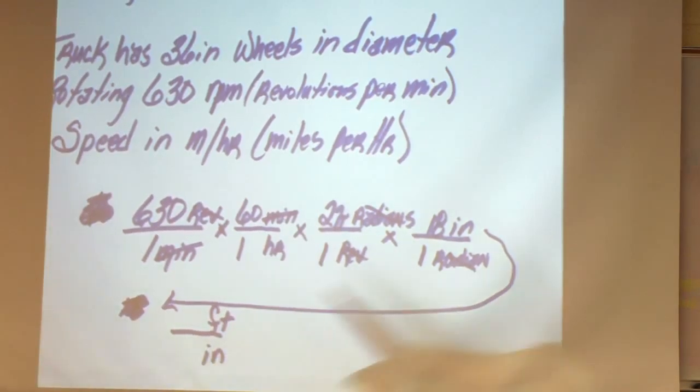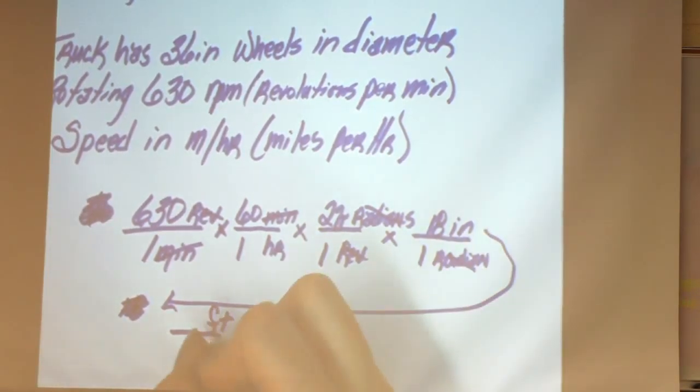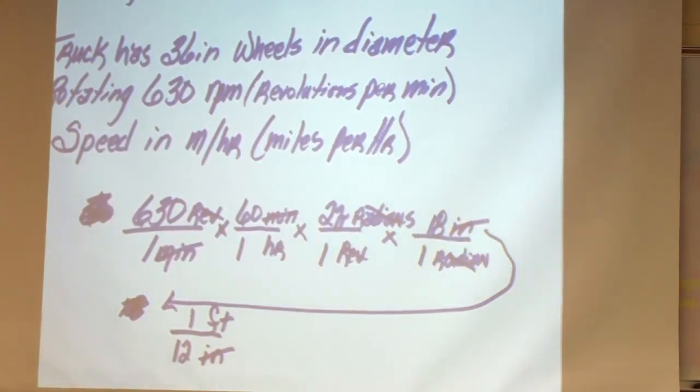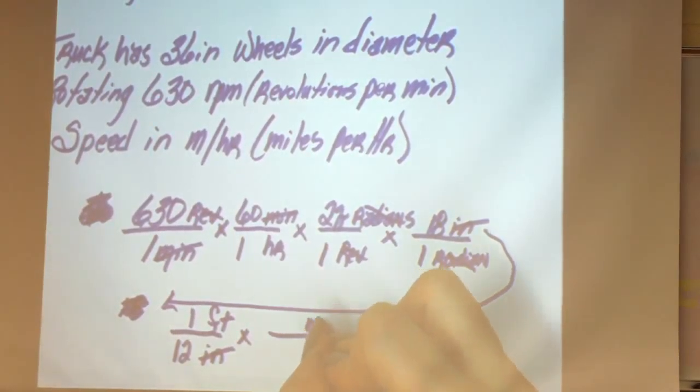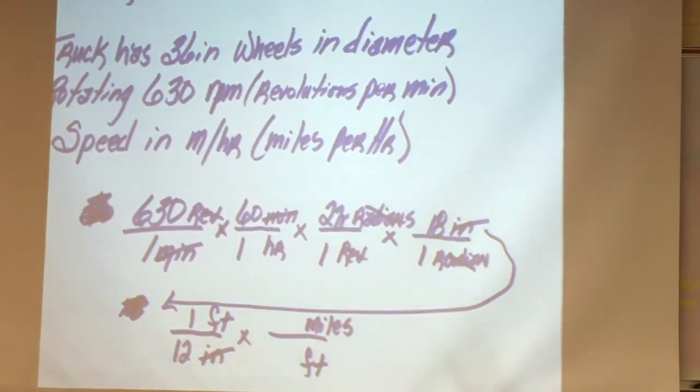So I'm going to put my inches on bottom so I can cross cancel them. I know that there are 12 inches in 1 foot. My inches cancel, and now I'm in feet. And I want to multiply that by something to cancel the feet and put it in miles. Okay, so my feet cancel out. Oh, and there's 5,280 feet in a mile. My feet cancel out, and now I'm in miles.